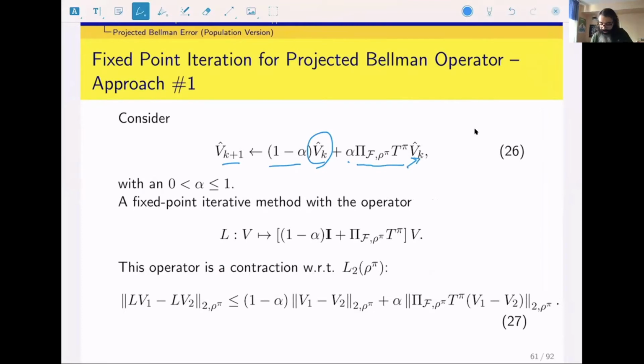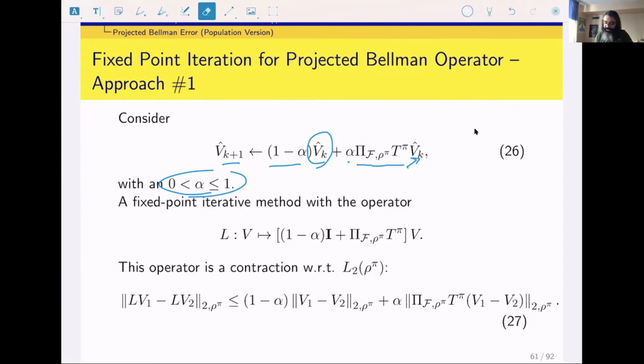And alpha is a number between 0 and 1. So you see it is moving towards the projected Bellman operator, but not completely. If alpha is equal to 1, it just jumps to the projected Bellman operator of v k. If alpha is close to 0, it just moves a little bit towards it.